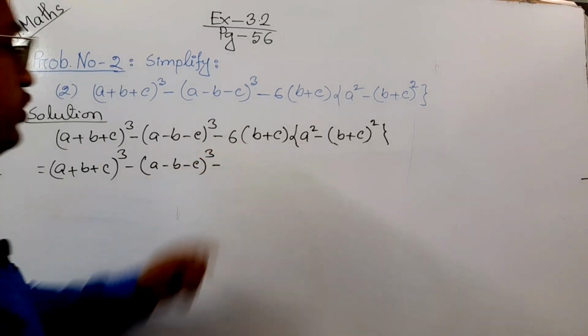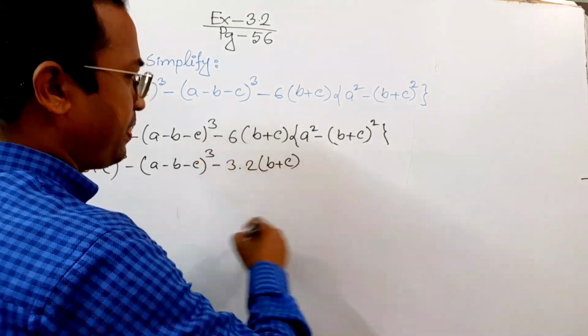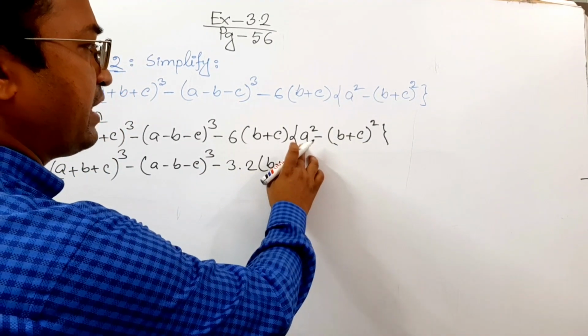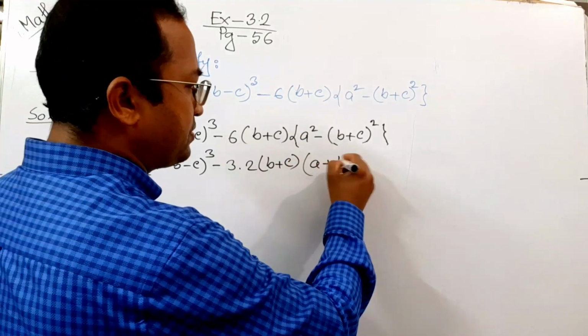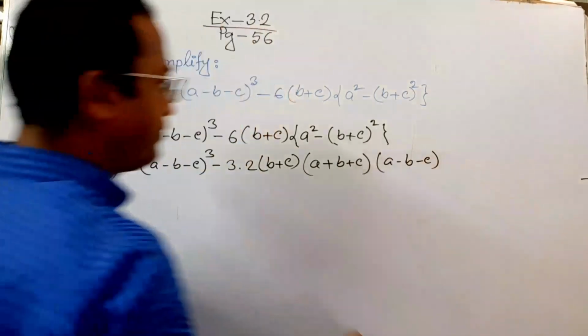Now we can write 3 into 2(b plus c), and we can consider this is a and this is b. So a square minus b square becomes (a plus b plus c)(a minus b minus c).